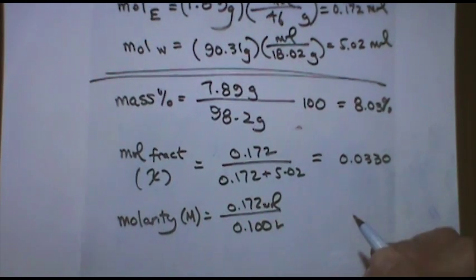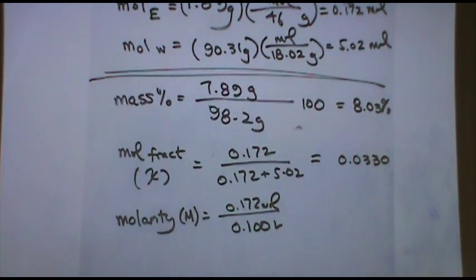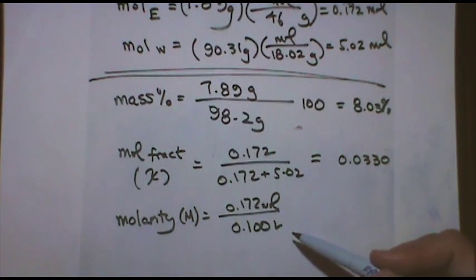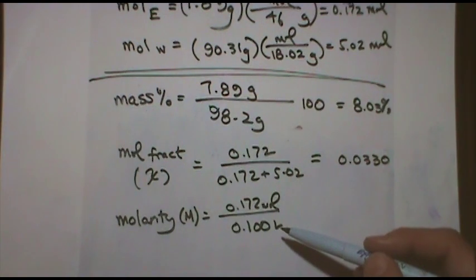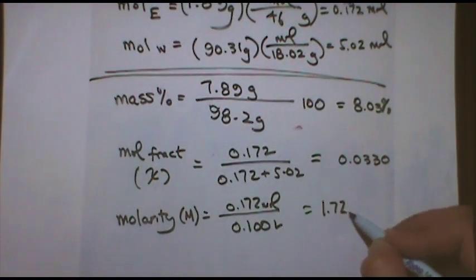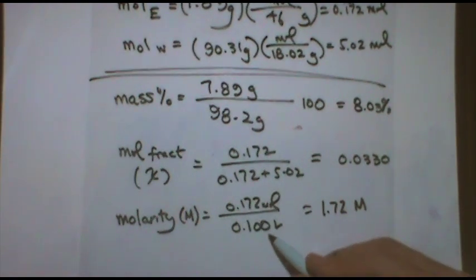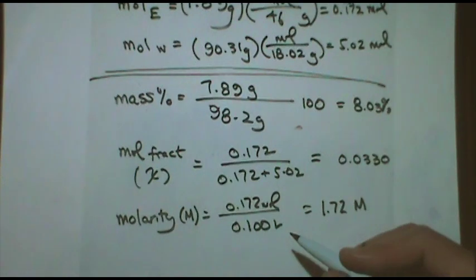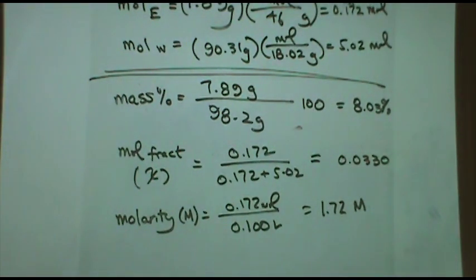How did you get that? I like this number. I think I know what the answer is. It's going to be 1.72 or 1.71. Where's this number from? The total. Yeah, it was the total volume originally, 100 milliliters or 0.1 liters.